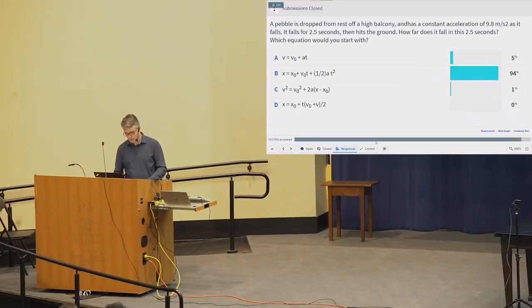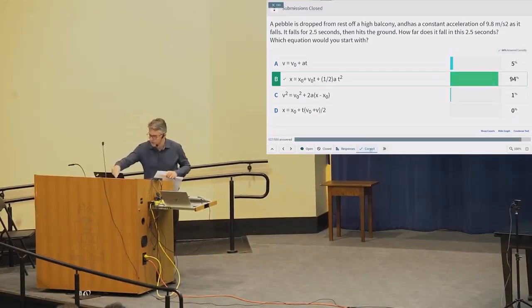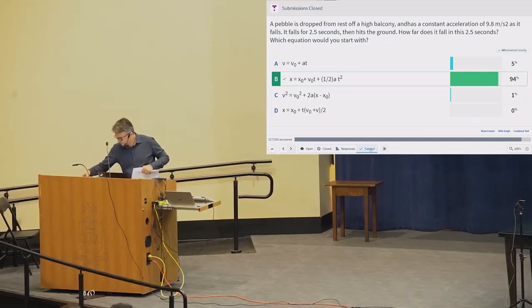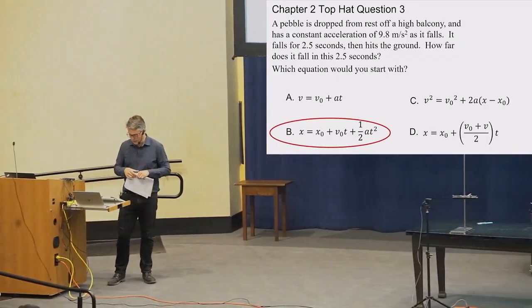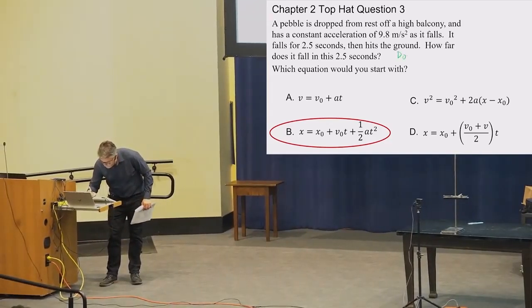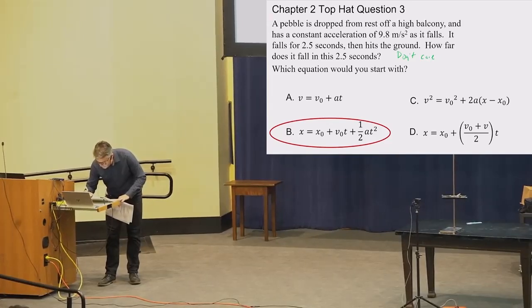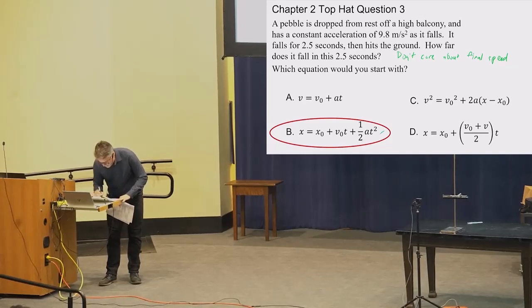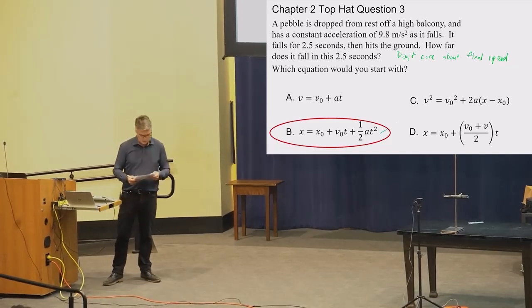The easiest one to start with is equation B. The reason is that the implicit thing here you don't care about is the final speed just before the pebble hits the ground. All of them contain the final speed except equation B, so that's a good one there.